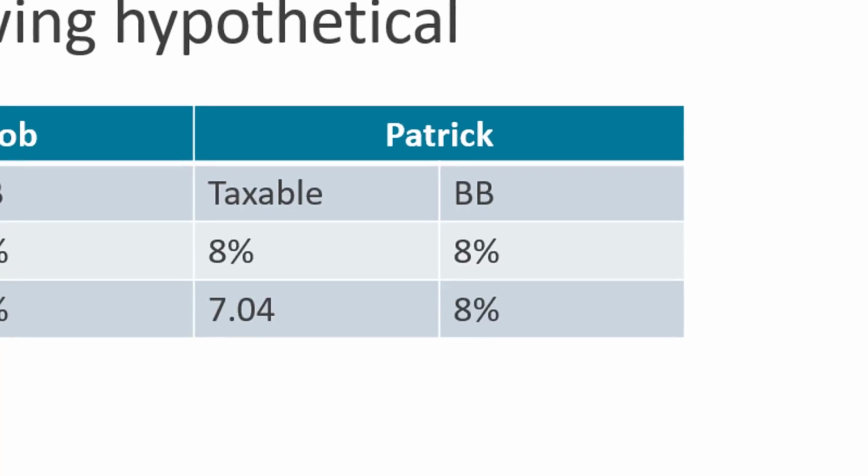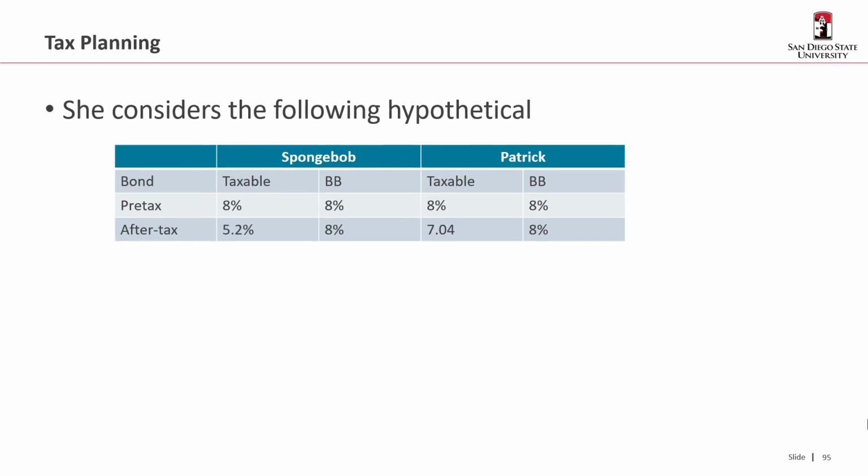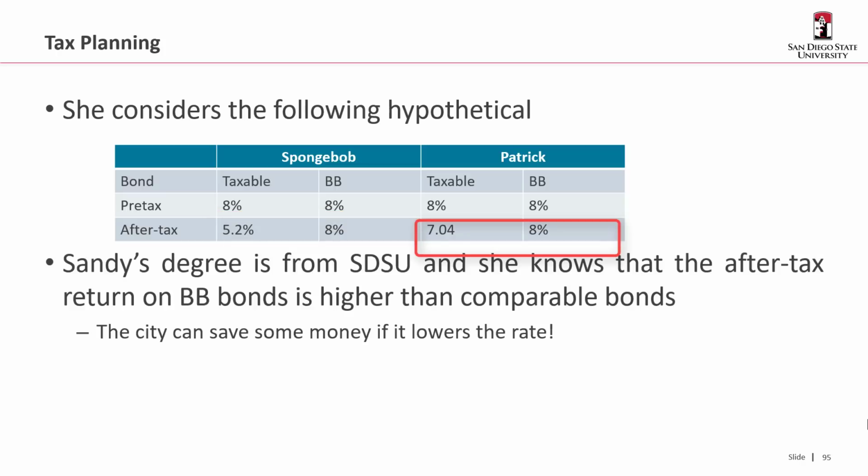With Patrick, because his tax rate is lower, the after-tax on the taxable bond is 7.04%. But again, the Bikini Bottom bond is still superior because there's no tax on it at 8%. But you can see the difference has shrunk considerably between the advantage that the tax-exempt bond has over the taxable bond between SpongeBob and Patrick.